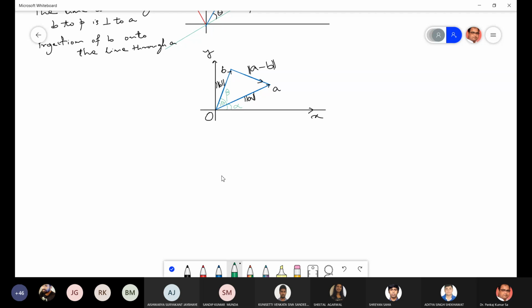Clearly theta is equal to beta minus alpha.